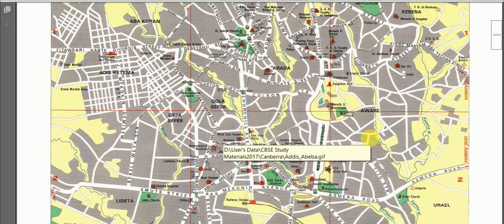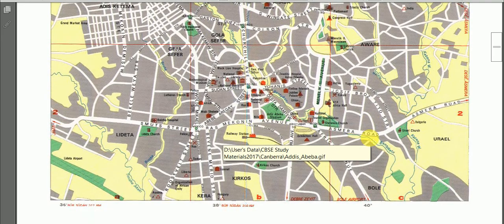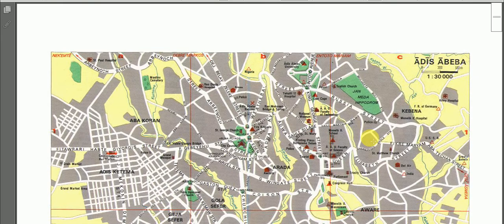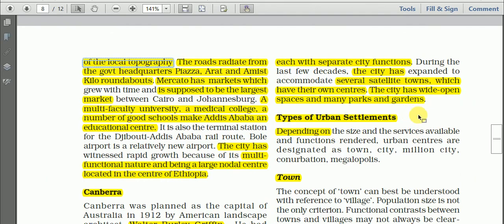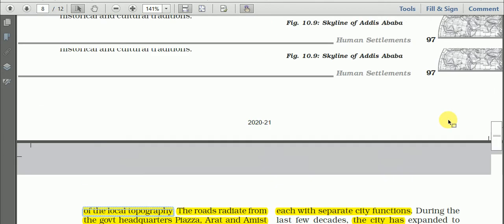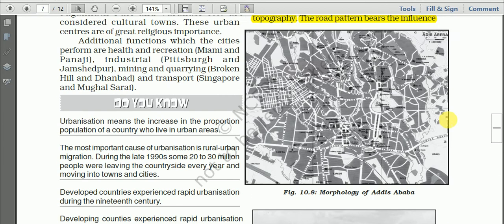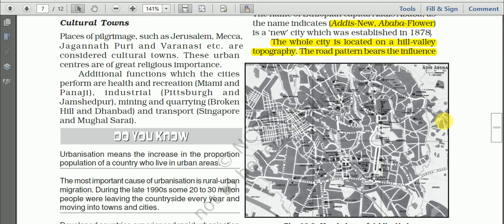So this is the city, and we have also learned that the road pattern bears the influence of local topography.